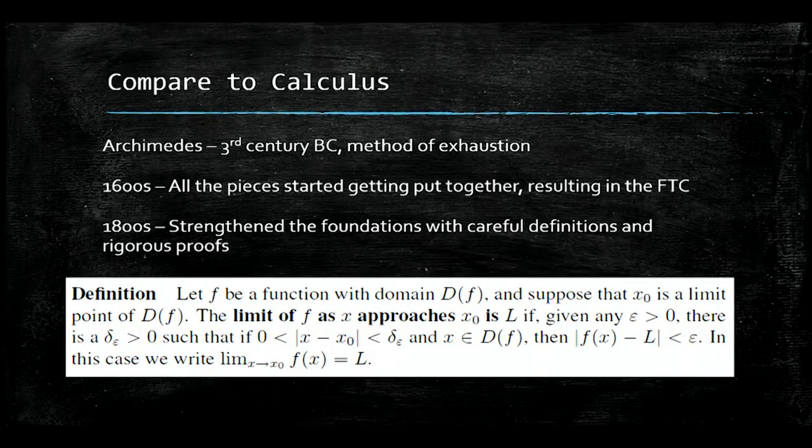There's a lot more rigor introduced, careful definitions. This particular one is from a paper written by Weierstrass, who is my favorite mathematician. This is a definition that started from Newton, and then Cauchy tightened it up a little bit, and Weierstrass just changed it a little bit. If you look at this definition, this is from about 1850.